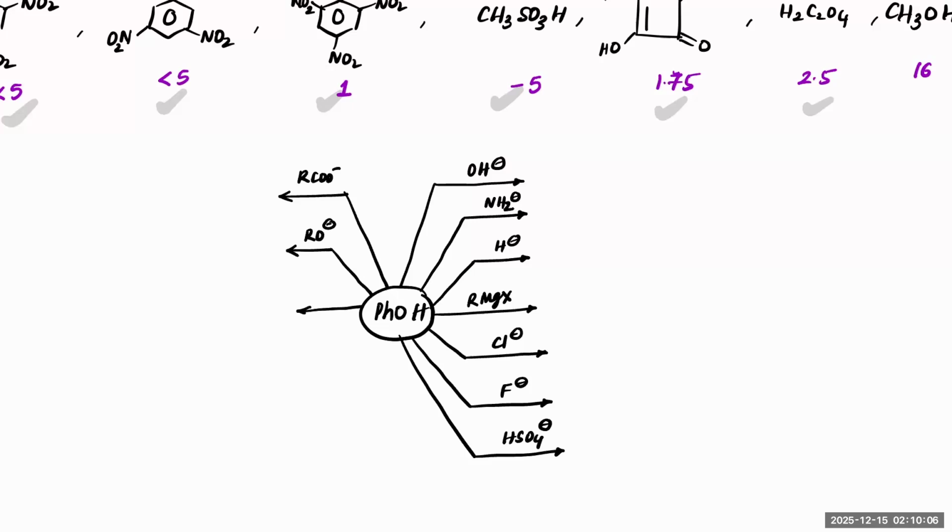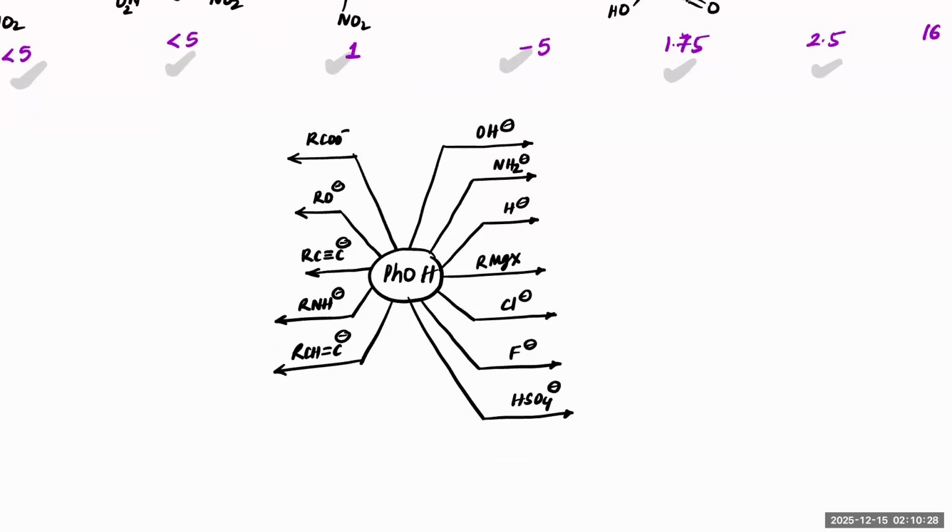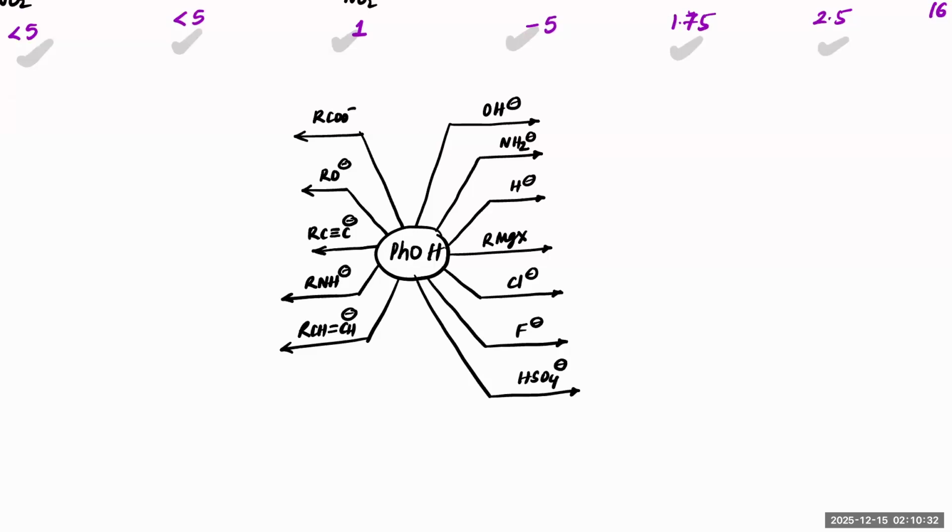Then we have RC triple bond C minus. Then we have RNH minus. Then we have RCH double bond CH minus. Got it?